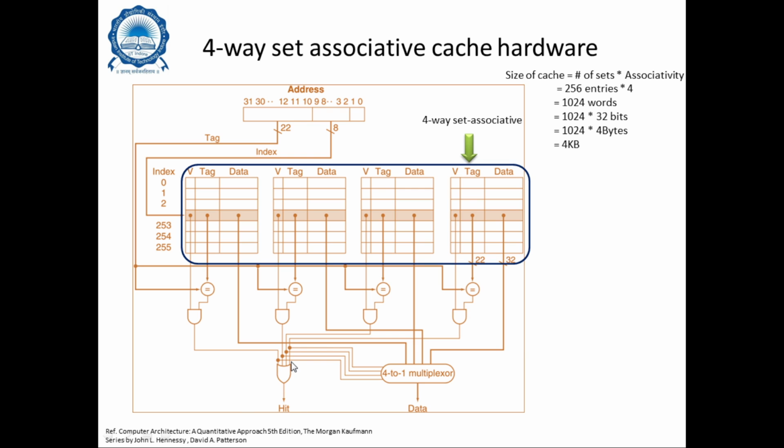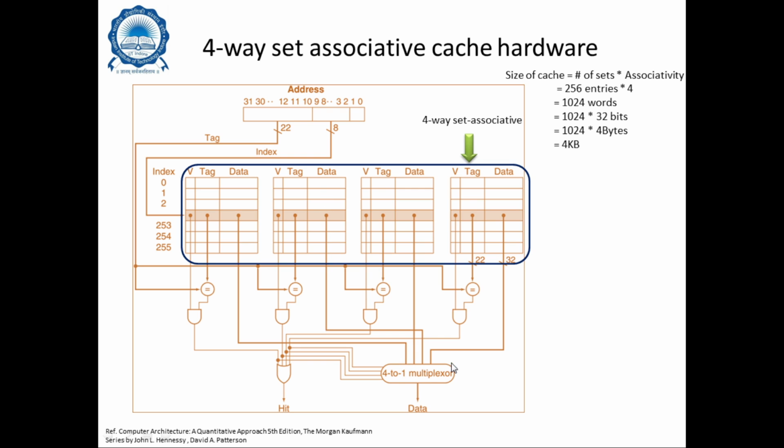Because we are making 4 comparisons in parallel, the output is passed through a 4:2 encoder, which is not shown here in the diagram. The 4 inputs of the OR gate are connected to a 4:2 encoder, and the output of the encoder is connected to the select line of the 4:1 multiplexer. The inputs of the multiplexer are the values coming from the data bits of each of the elements.